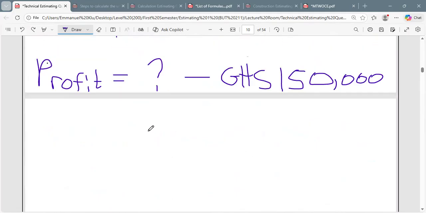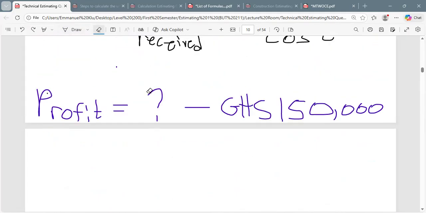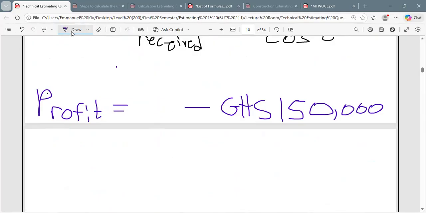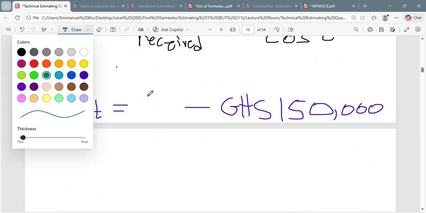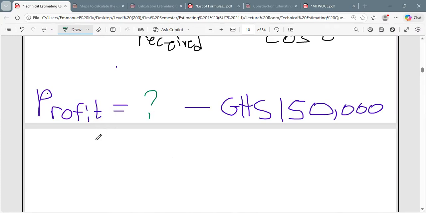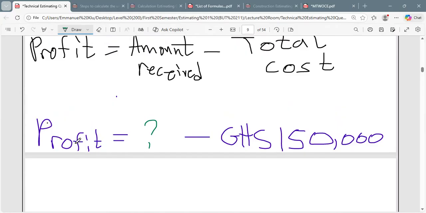So now we have to find for the amount received. And the amount received, so you realize that it has become a problem. So we have to find for it.